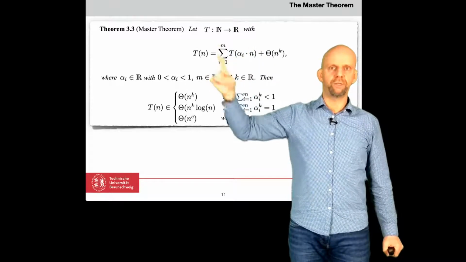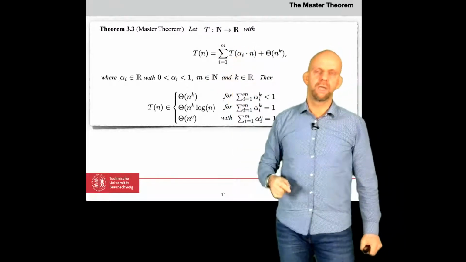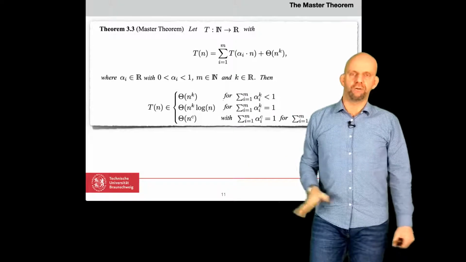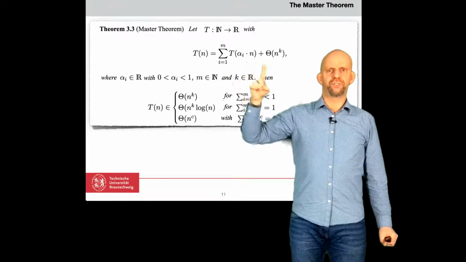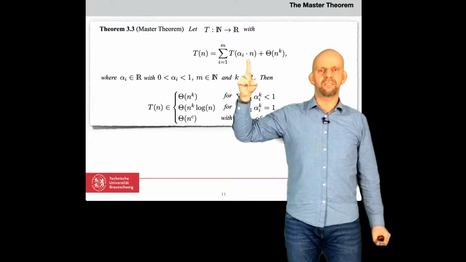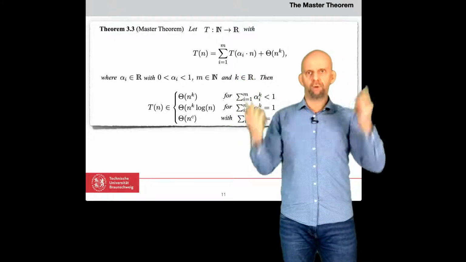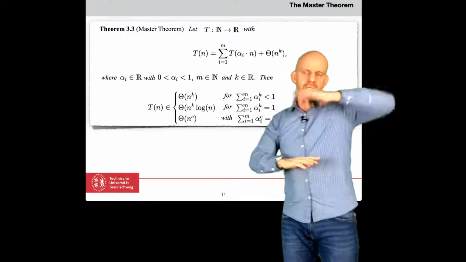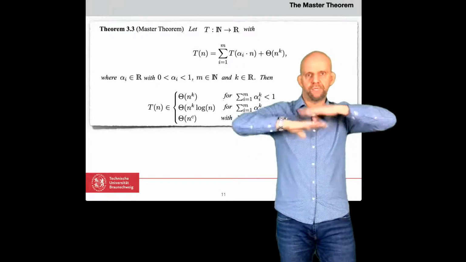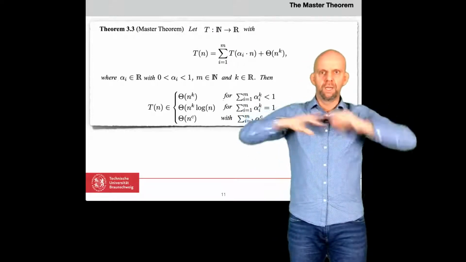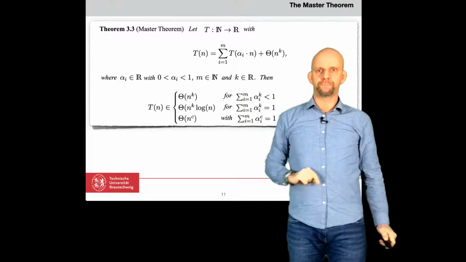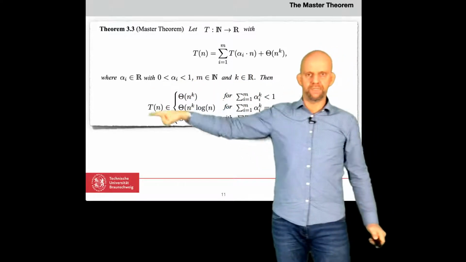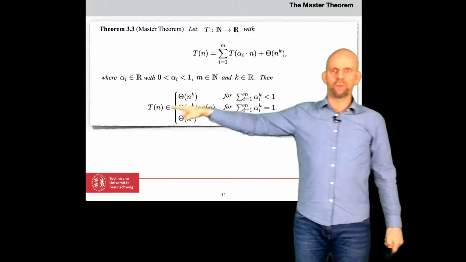Cutting this problem up into subproblems of smaller size is a very, very general approach. Usually what we will see is a certain way of splitting the set, but it doesn't have to be. For a more complicated problem, you can have a subset of a smaller size here, a subset of smaller size here. They may overlap. So the sum of these alphas may be more than 1 or whatever. And this fundamental theorem tells you what happens with the runtime.